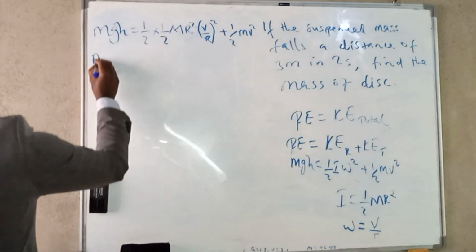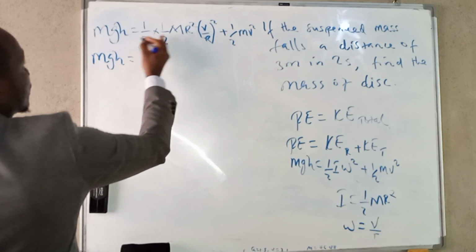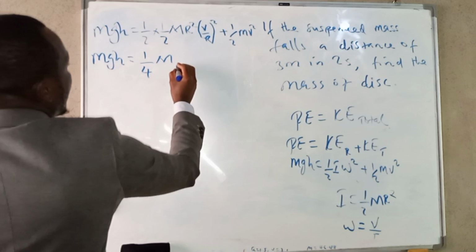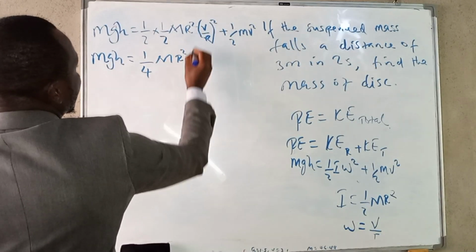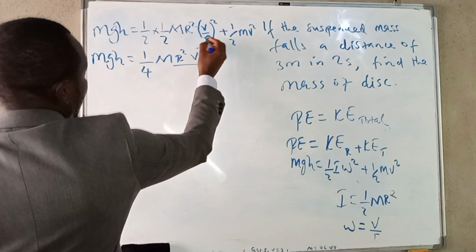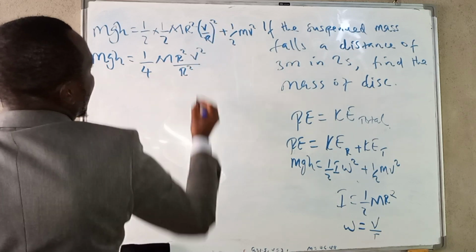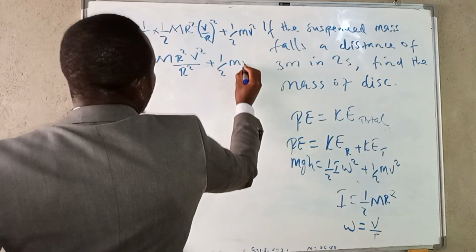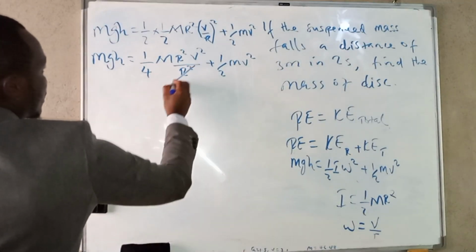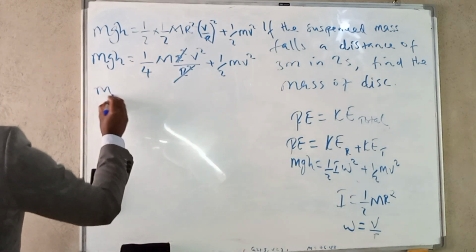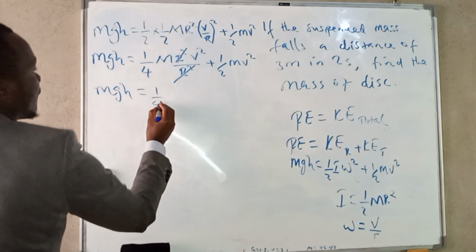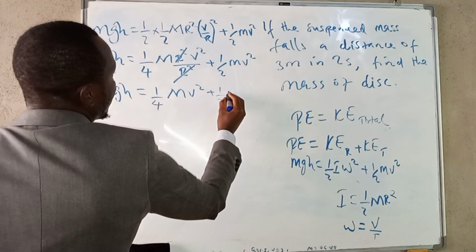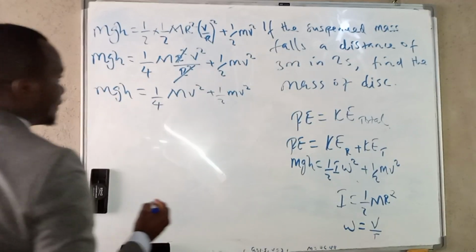So mgh is equal to, half times half is 1 over 4 big M R squared v squared over R squared. The R squared cancels, and what we're going to have is mgh is equal to 1 over 4 M v squared plus half m v squared. This is capital M.